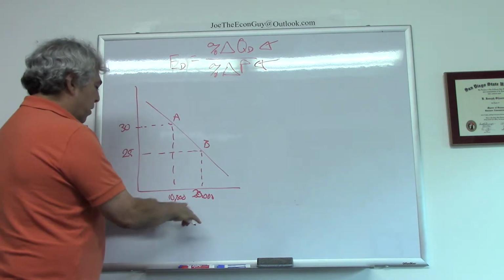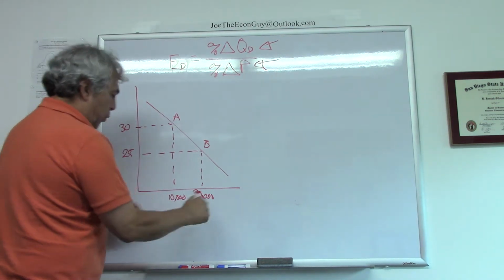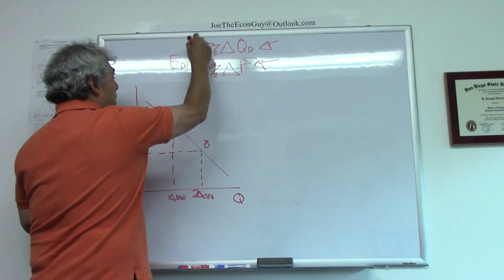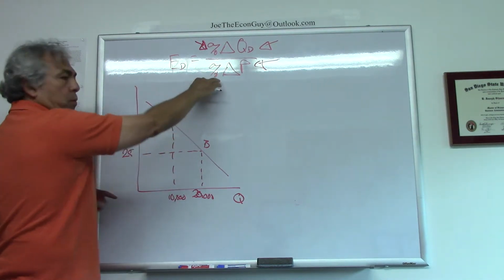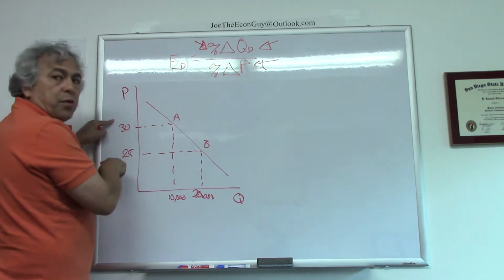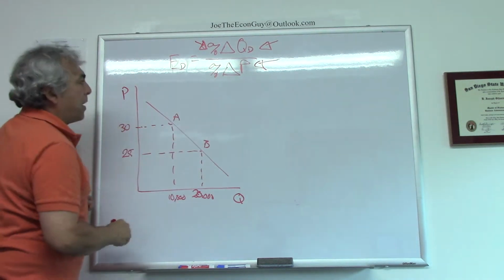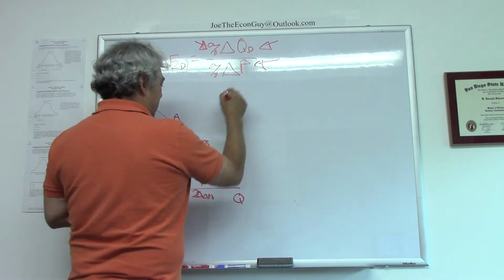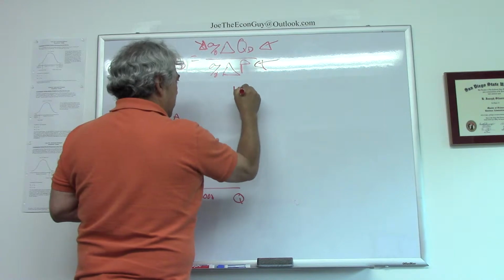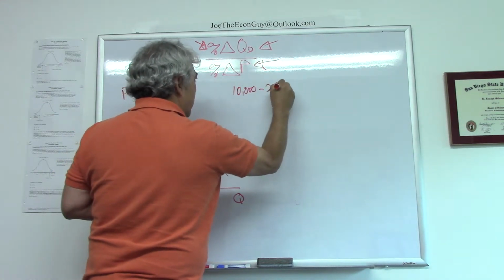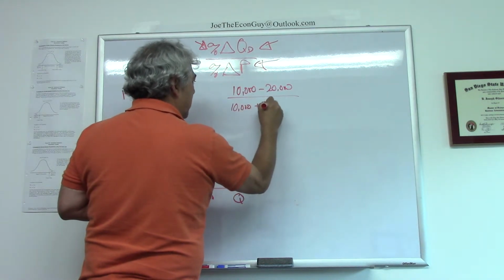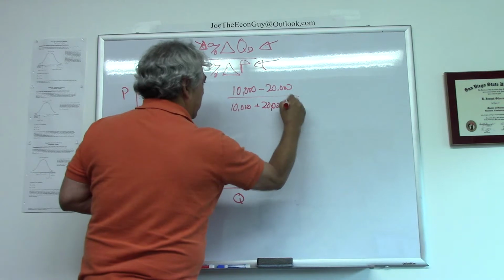Now what we're going to do over here is take our quantities that we get from the x-axis of the graph and put that in the numerator, and then to set up our complex fraction in the denominator, take our prices, which we get off the y-axis, and put that into the denominator. So I'm going to go ahead and say our fraction on the top is going to be 10,000 minus 20,000 divided by 10,000 plus 20,000 divided by 2.